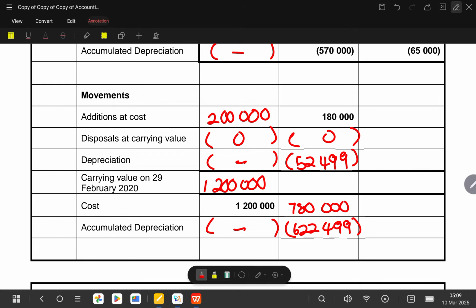Then our carrying value will be 780,000 minus our answer. It will give us 157,501.